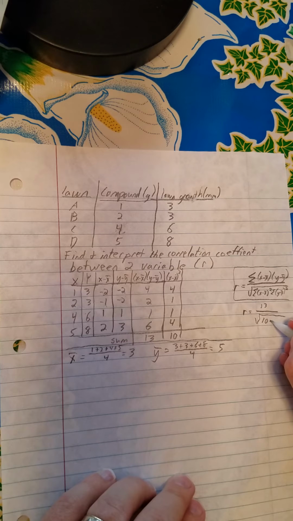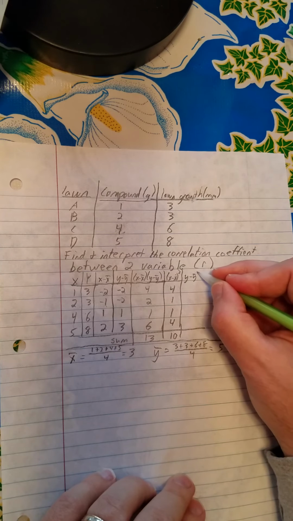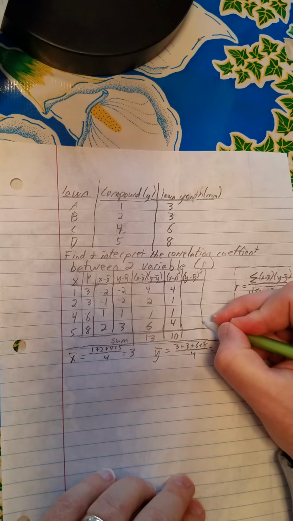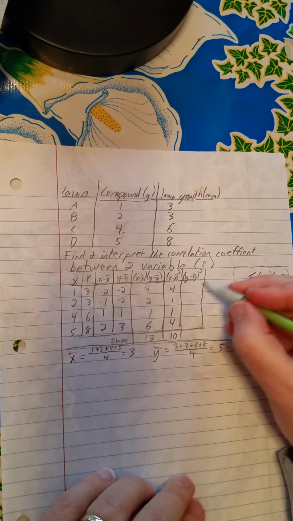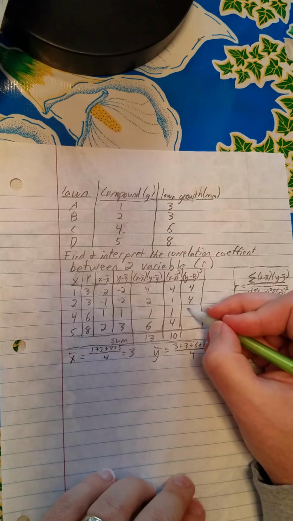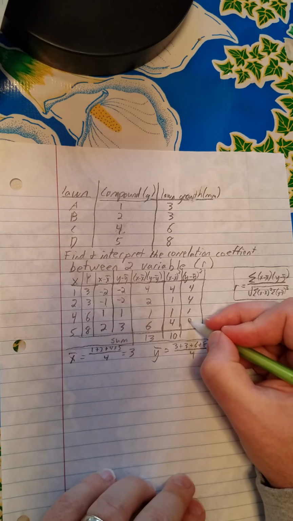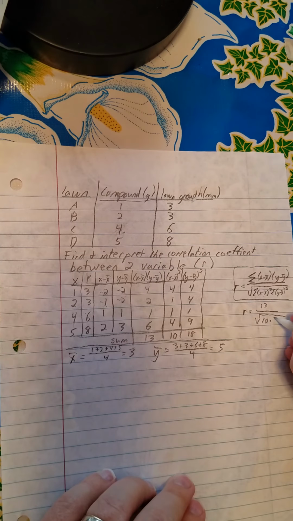And then we're going to multiply that times the sum of the difference of the y's squared. So we go to this column and we square all these numbers. Negative 2 squared, negative 2 squared, 1 squared, and 3 squared. Add those up to get 18.